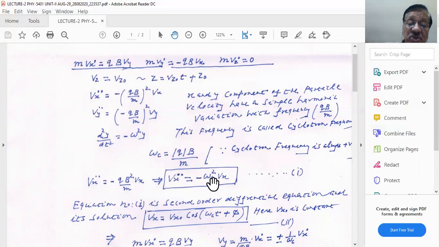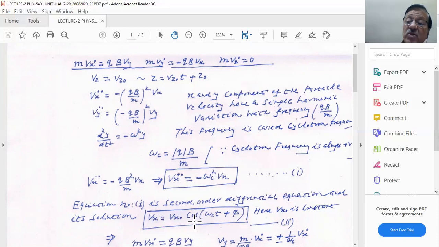So the solution of this equation is Vx equal to, you can write some constant C also, but I am writing here Vx0 cosine of omega C t plus phi. So we have calculated the x component of the particle velocity.